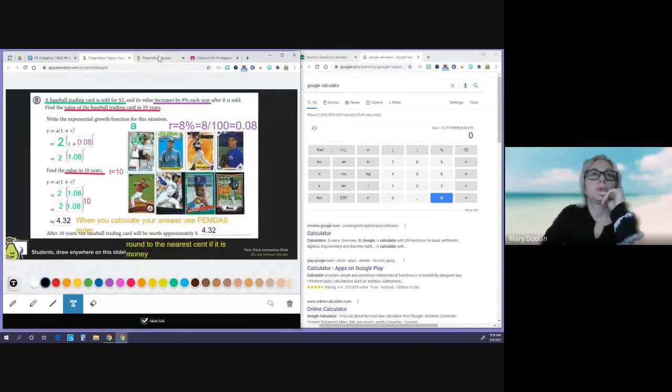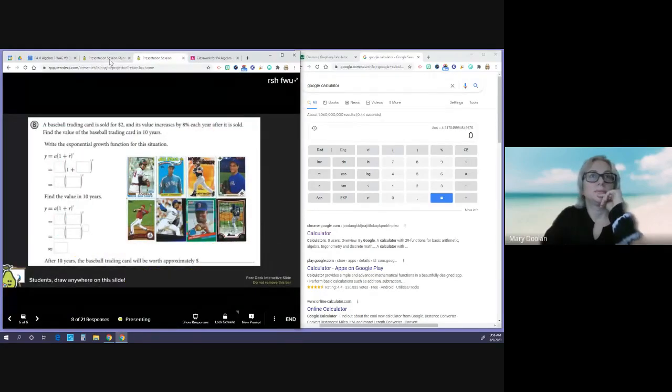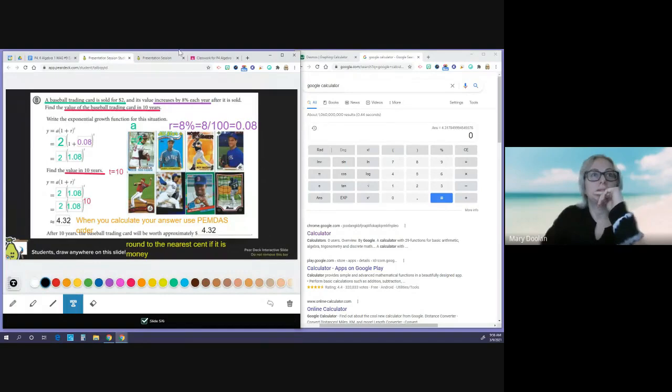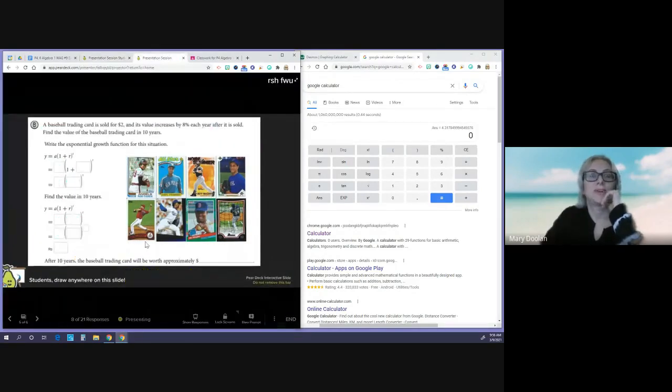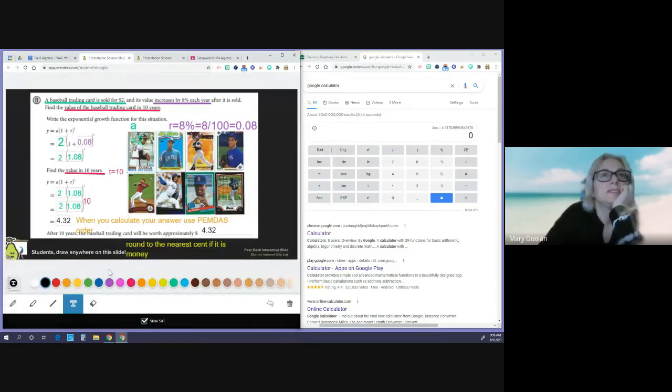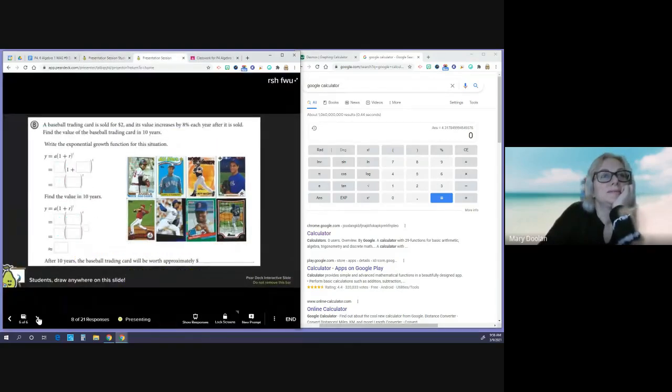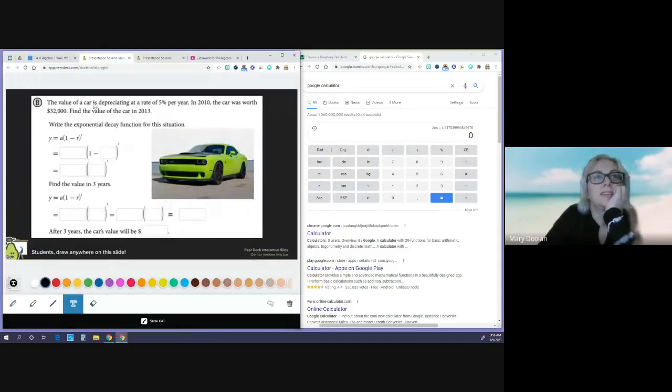So I used purple for rate, and I used green for A. Okay, so purple for rate, depreciating at a rate of 5% per year. A, the initial value. The car was worth $32,000 in 2010. And we want to find the value of the car in 2013.